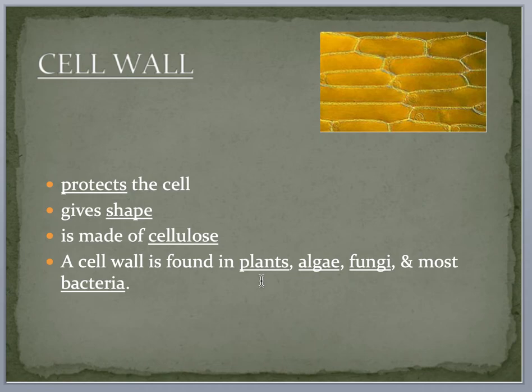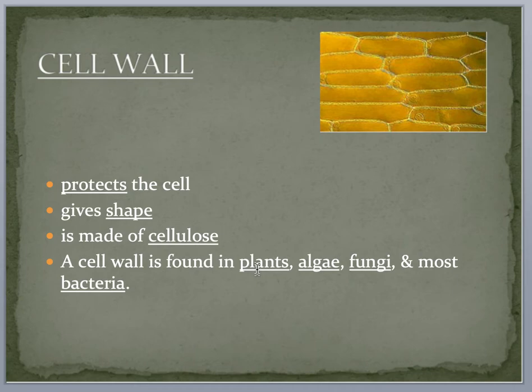Now going into the different components of a cell. Starting from the outside, the cell wall is the outermost component, and it protects the cell, gives shape, and is made of cellulose. A cell wall is found in plants, algae, fungi, and most bacteria. We already discussed that they are not present in animal cells.